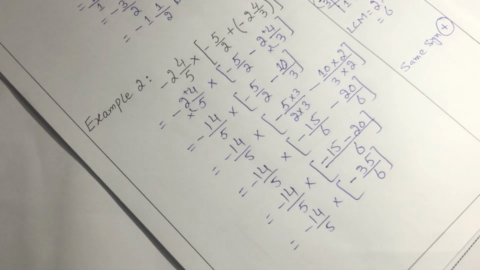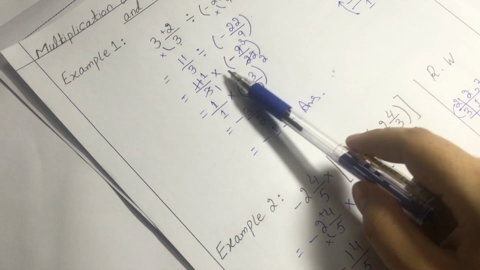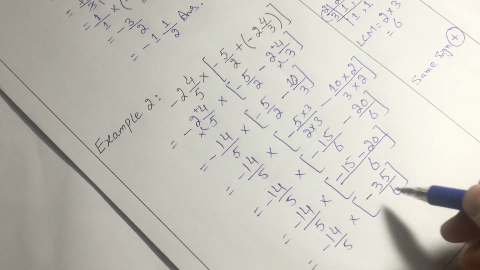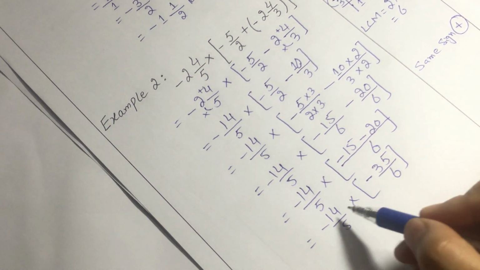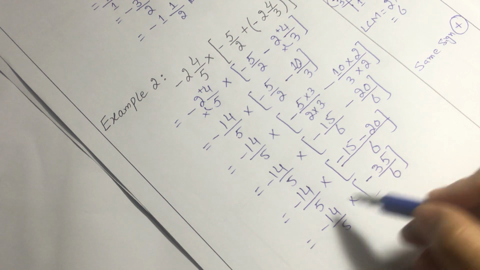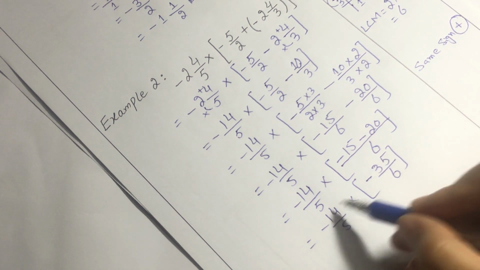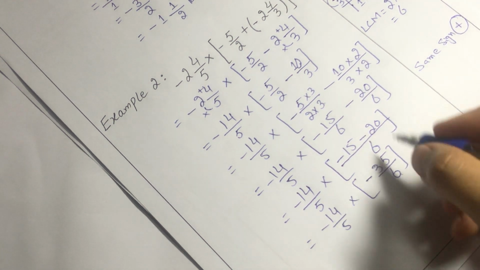So now it's same like our first example, right? Now what we have to do, we have to see if any simplification is possible. You can see 14 and 6 both are even numbers and both are divisible by 2. Yes, right.